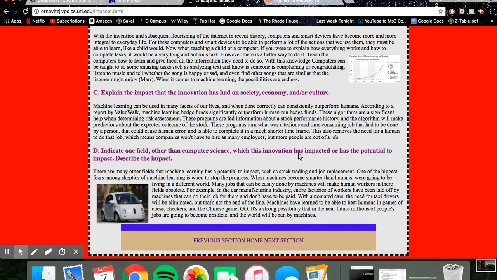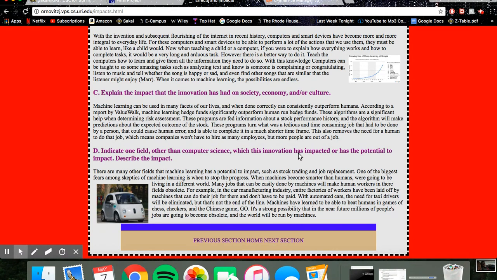So I chose to go with economy, and a pretty amazing invention is that machine learning was used to run a hedge fund, and that hedge fund consistently outperformed hedge funds run by other humans.